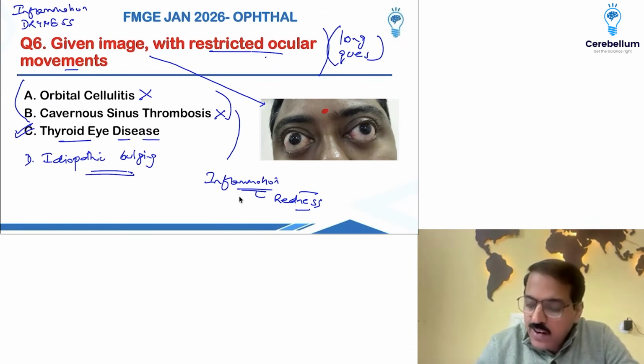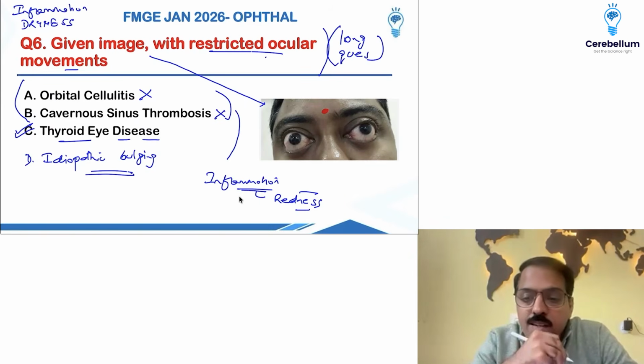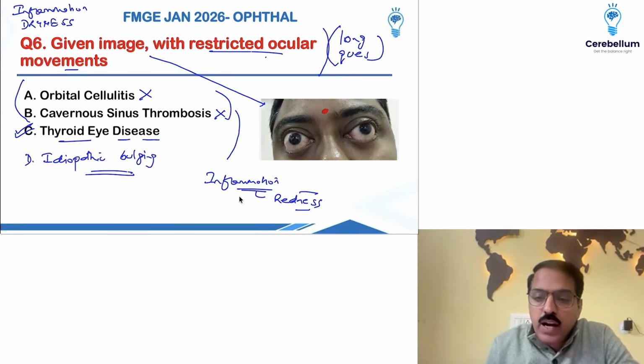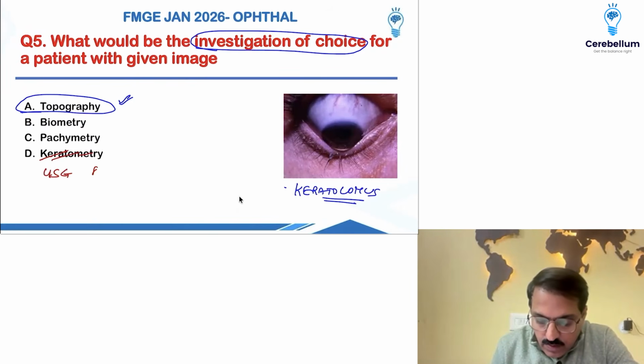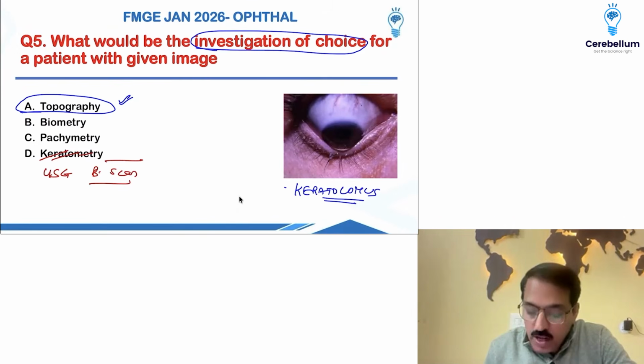They were saying it's a female patient. Too much information. One of the options was ultrasound B scan. Maybe ultrasound B scan was there in this option. Chalo, that's not the correct option.